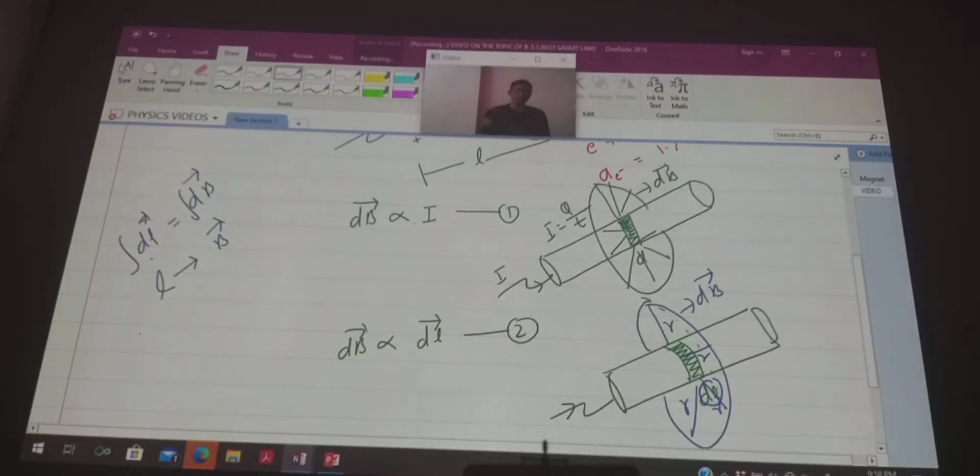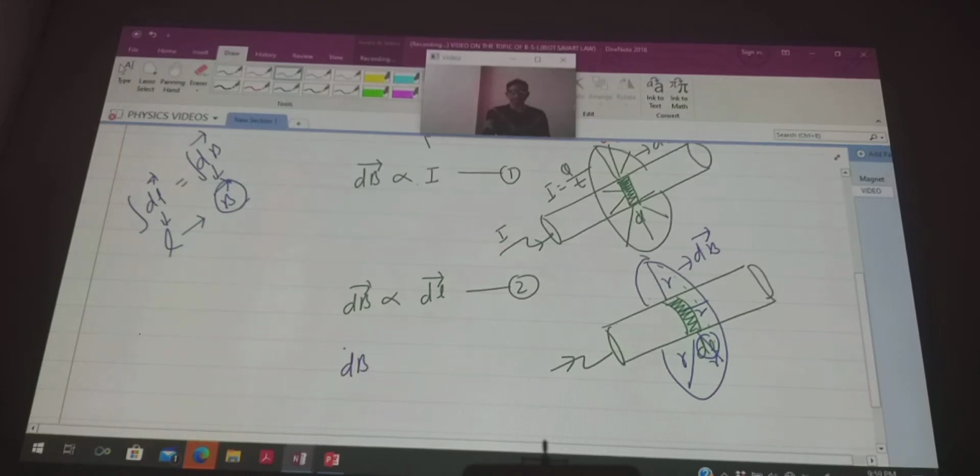After integration of dl we get L, and after integration of dB we get B. So for the full length L, the magnetic field throughout the conductor will be B. The magnetic field is produced due to the current conductor element dl. The magnetic field will be maximum when the length is maximum, so it depends on dl and is directly proportional to dl.